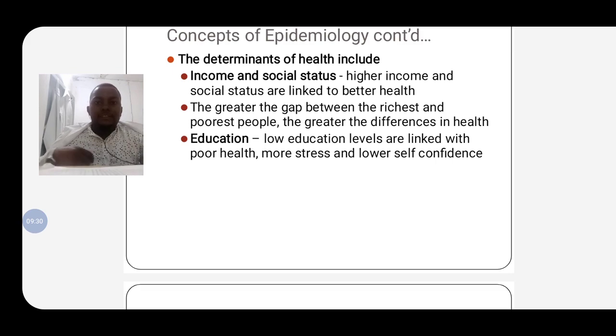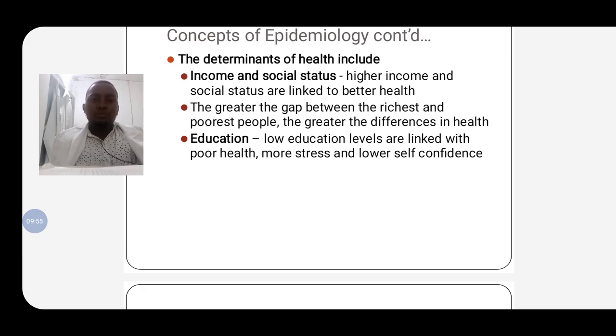So let's proceed with the determinant of health. Kila kitu kina sababu. Ili afya iweze kutokea kwa binadamu ina sababu. Lakini vile vile ili magonjwa yaweze kutokea kwa binadamu vile vile ina sababu. Sasa sababu zinakuwa moja tu, ila inakuwa in terms of positive or in terms of negative. Kwa mfano tunapozungumzia incomes and the social status.